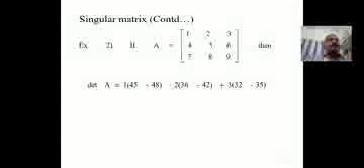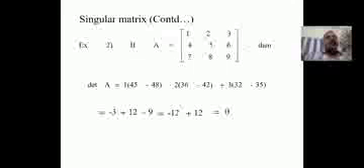Similarly, one more example: A is equal to 1 2 3, 4 5 6, 7 8 9. Then what is the determinant of this matrix? Expanding with the first row: 1 into (45 minus 48), minus 2 into, after deleting the first row and second column, the matrix 4 6 7 9, whose determinant is 36 minus 42, plus 3 into, after deleting the first row and third column, the matrix 4 5 7 8, whose determinant is 32 minus 35. That gives minus 3 plus 12 minus 9, which is also 0.